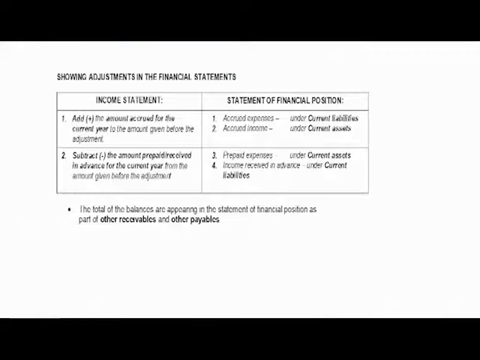Showing adjustment in the financial statement, income statement. Add the accrued for the current year to the amount given in the adjustment. Subtract all the prepaid. This one is straightforward. In the statement of financial position, accrued expenses under current liability, as I was saying, accrued income under current assets, prepaid expense, that is current asset, income received in advance, that is current liability.